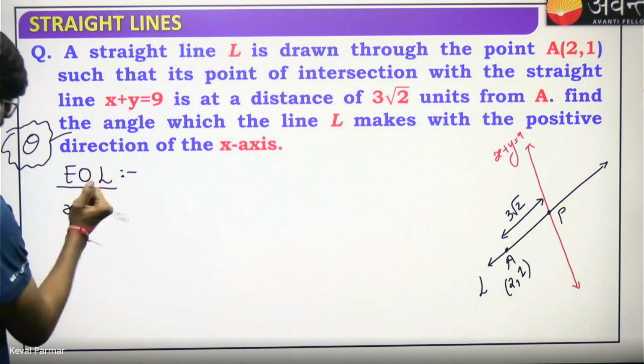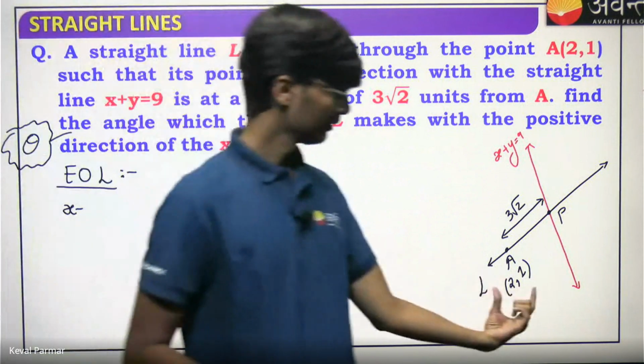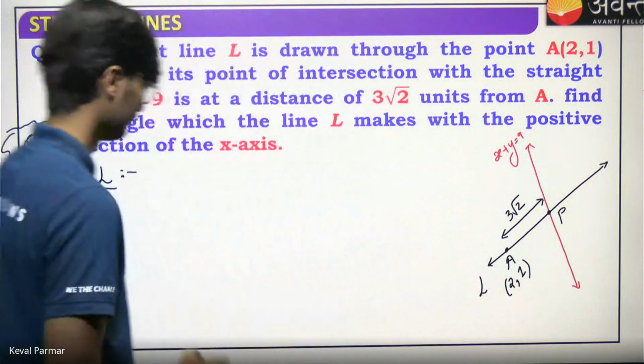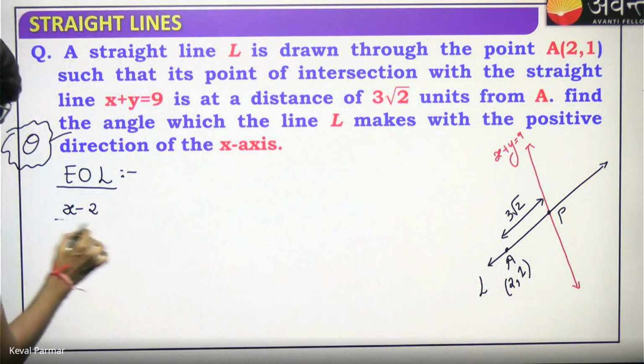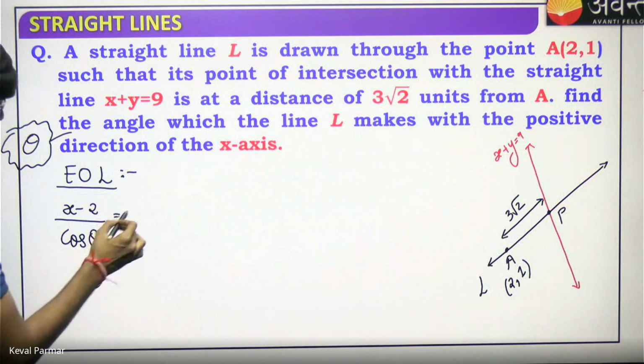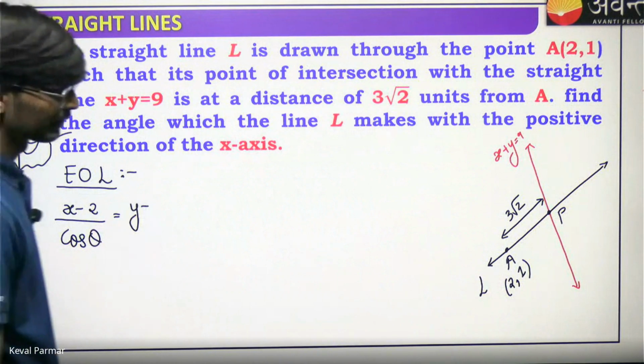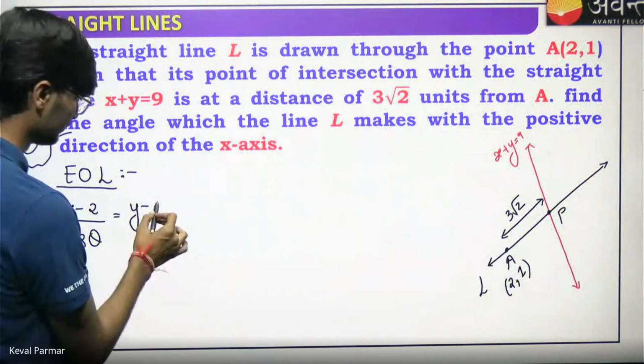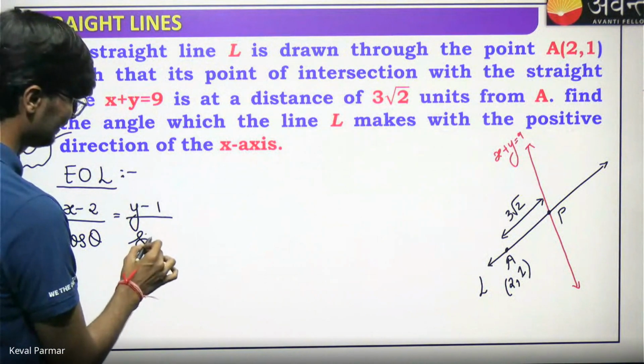I hope you remember. What is x1? This is the point 2, 1, x1, y1. So x minus 2 upon cos theta, where theta is the inclination, equals y minus 1 upon sine theta.